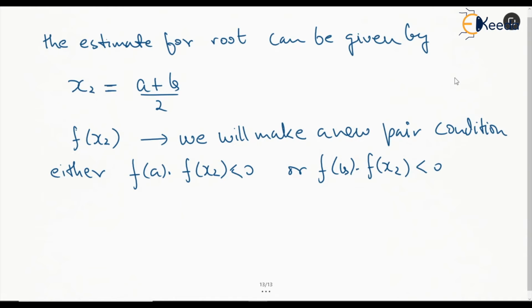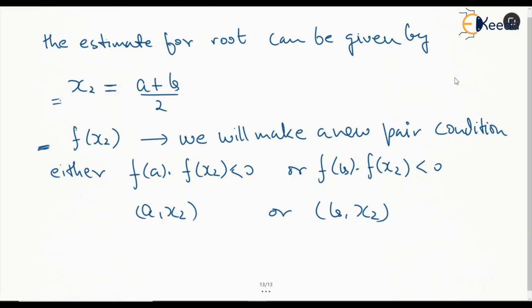So now that we have the new root estimate as x2 and we can find the function value f of x2, we will form a new interval, or a new bracket, and that will be either a and x2 or b and x2, depending on the product of which pair is less than 0.